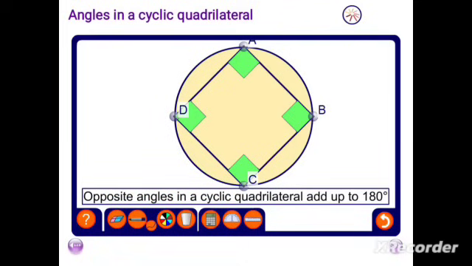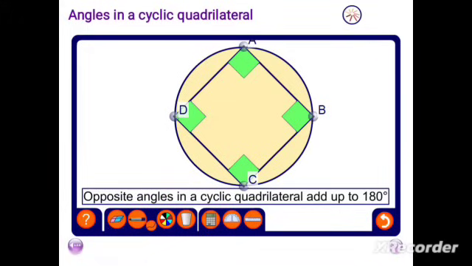Now, let's move to this concept of angles in a cyclic quadrilateral. In the diagram below, we have 4 points on the circumference of the circle. We have A, B, C, and D. And we have a quadrilateral, which seems to be a square.